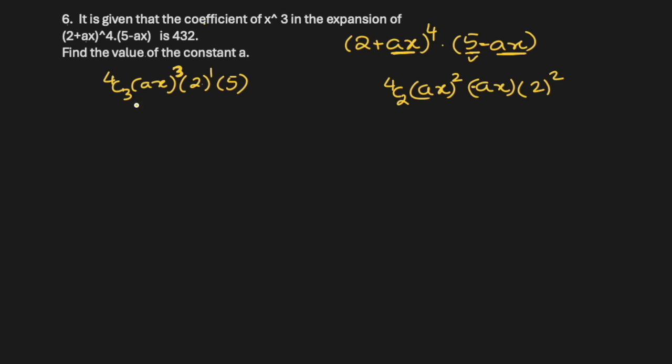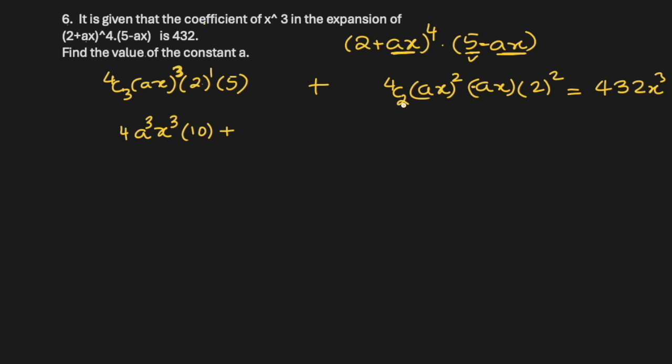Okay, so let's simplify them. And their sum will be 432. That's what they've given, right? X cube. If I add these two, I will get 432 x cube. So I'm focusing only on x cube, not x4, not x square, nothing else. 4c3 is 4. Ax cube will be a cube x cube. 2 to the power 1 is 2 and 2 times 5 is 10.